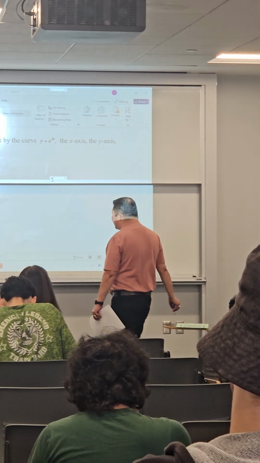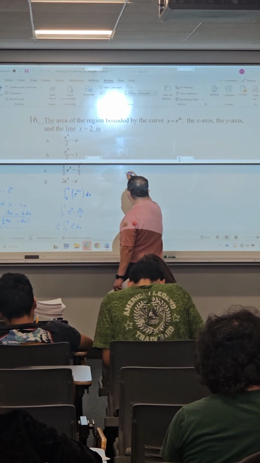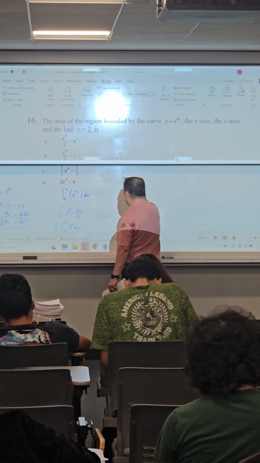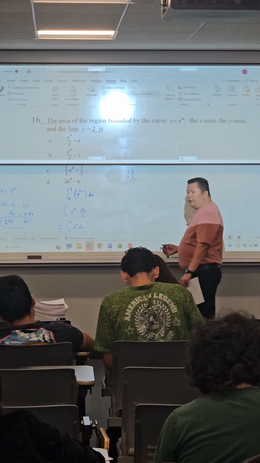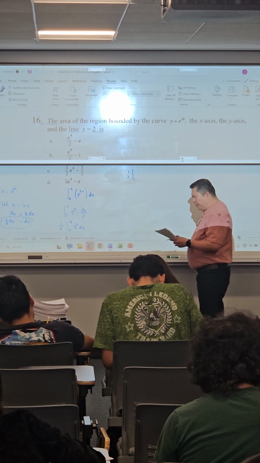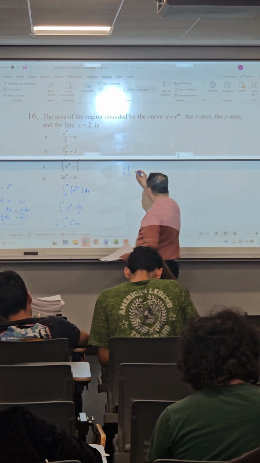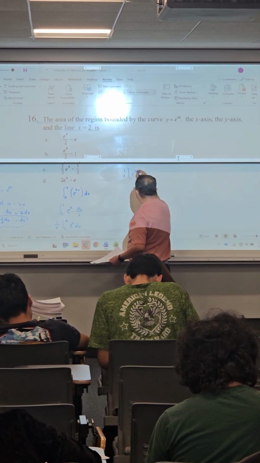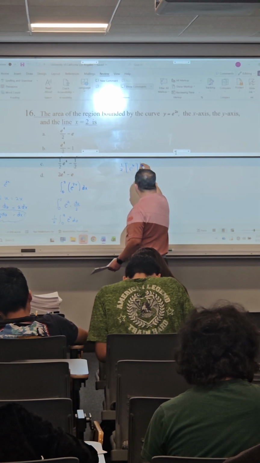Okay, so we now have 1/2, and then e to the power of u. What's the derivative of e to the power of u? Doesn't change, right? So still e to the power of u evaluated from 0 to 2.